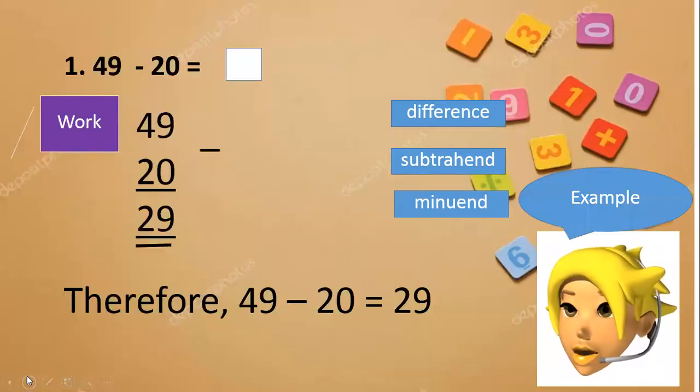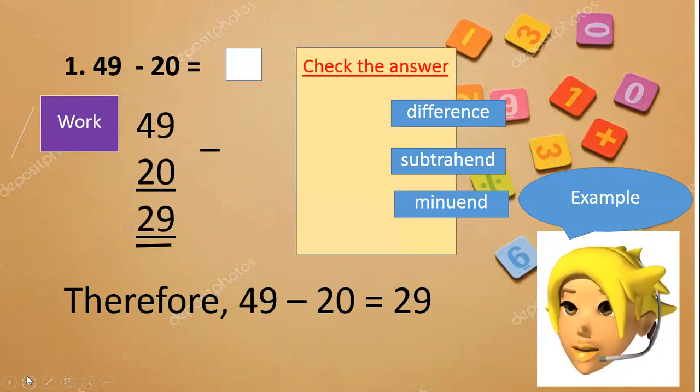In this slide, we have here an example of numbers to be subtracted. 49 as our minuend minus 20 as our subtrahend equals 29 as our difference. To check if our answer is correct, let's use our subtraction and addition relationship. Again, we have learned that we have our pattern.